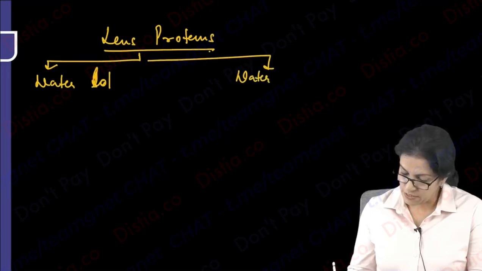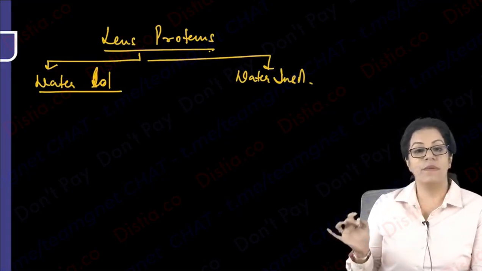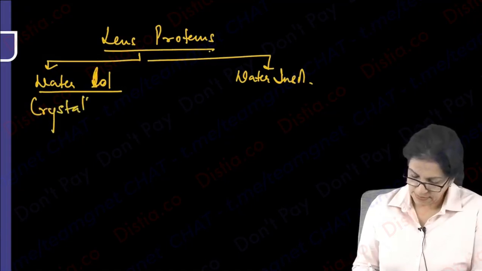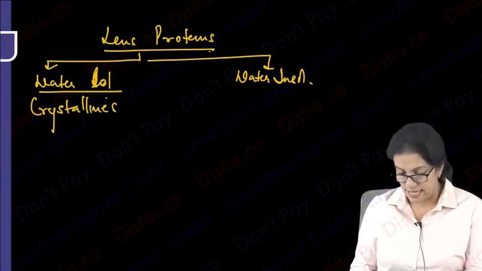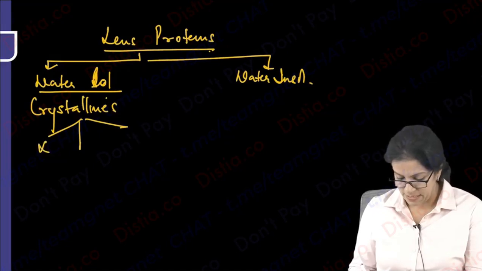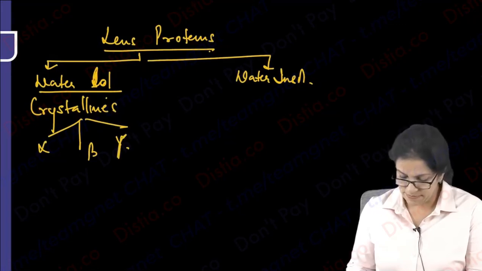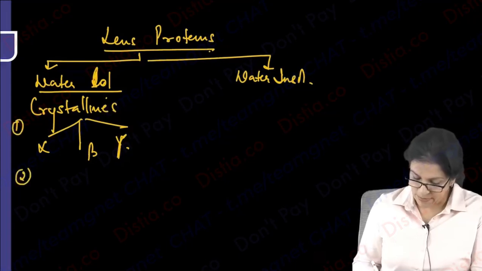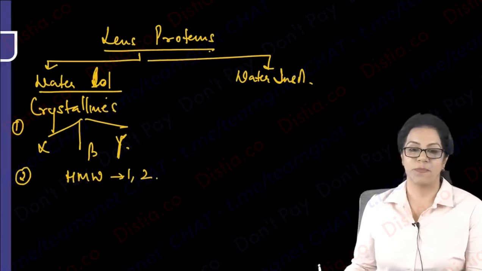When you say water soluble, they are mainly crystallins. And crystallins can be alpha, beta, gamma. Alpha, beta, gamma. Easy to learn? Now, another thing that you have to know is that high molecular weight proteins, mainly 1 and 2, are also soluble proteins in the lens.